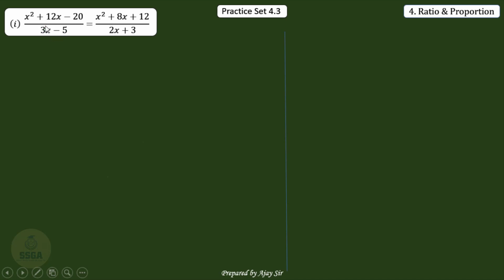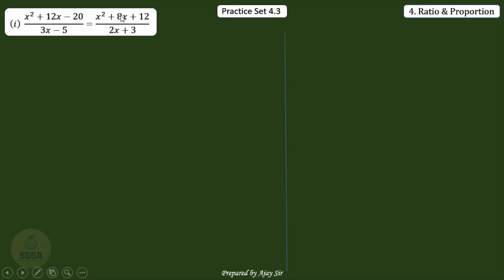If you multiply this denominator by 4, then it converts into 12x minus 20. Similarly here also, if you multiply this denominator by 4, then this 2x can be converted into 8x plus 12. Means this full term is converted like the numerator.